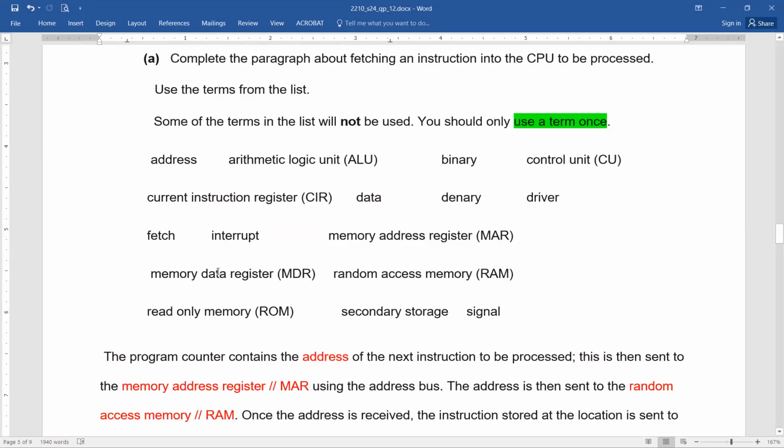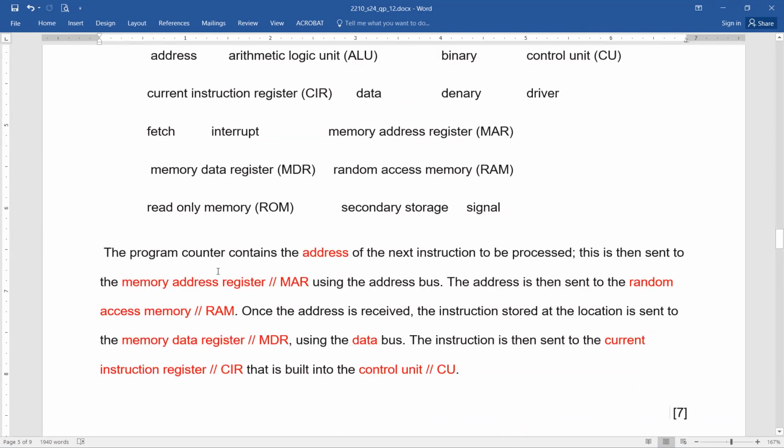Once the address is received, the instruction stored at the location is sent to MDR. I can see the instruction stored at the location, so it means it is data. So it will be saved, it will be sent to MDR using the data bus. The instruction is then sent to the CIR that is built into the controller.